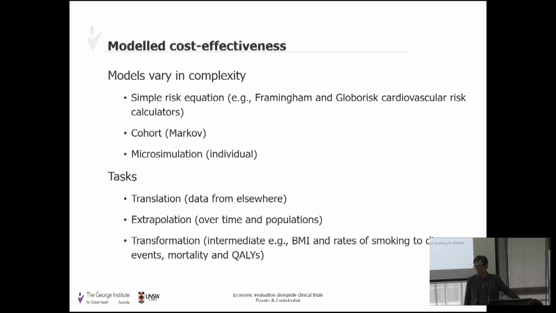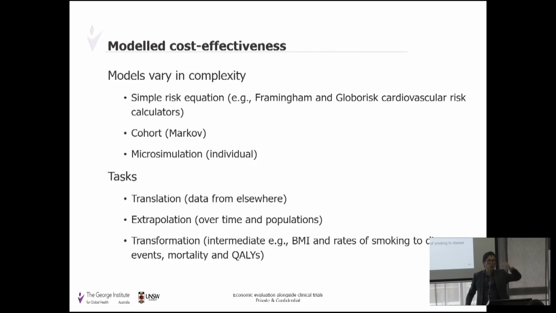That's a simple approach. A more complex approach might be using a Markov model, which looks at annual transitions across different health states. So you have different health states and you model an individual's or a cohort's progression through those health states, based on evidence from the literature, to show what their risk over, say, a 20-year period was likely to be as a result of the trajectory they've been put upon.